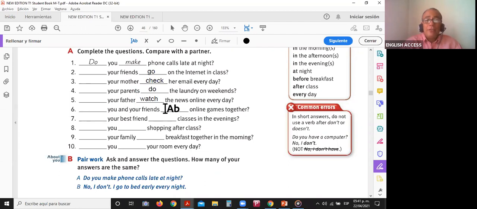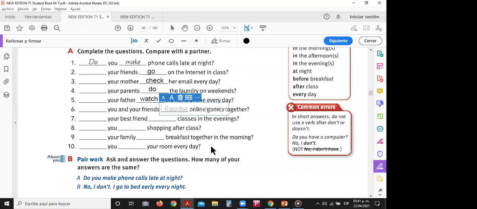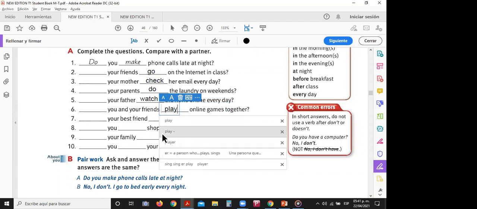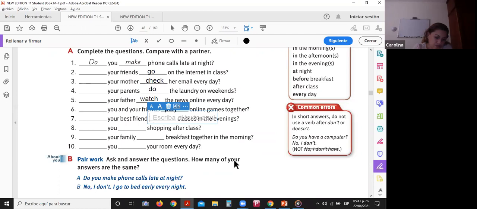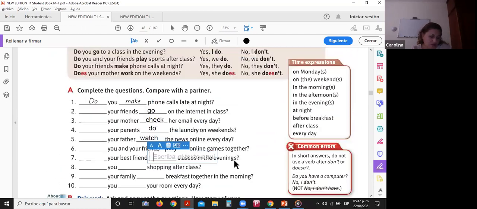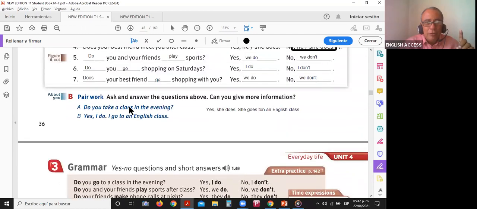And number 6, Antonio. What is number 6? Online games. Play. Very good, Antonio. Play online games. Number 7, Carolina. Go to classes, but let me show you something.